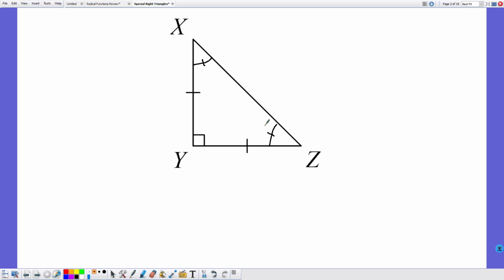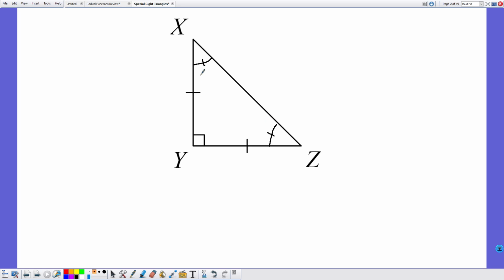If that's true, then we can find out what those measures are fairly easily, using the fact that all three angles of a triangle add up to 180 degrees.